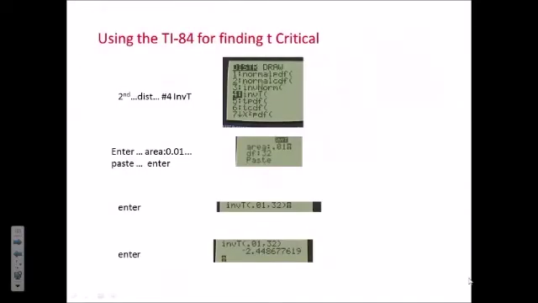The second way of getting T-critical is to use the TI-84 calculator. Press 2nd, distribution, then go down to number 4, inverse T. The way inverse T works, it's based on the area below.